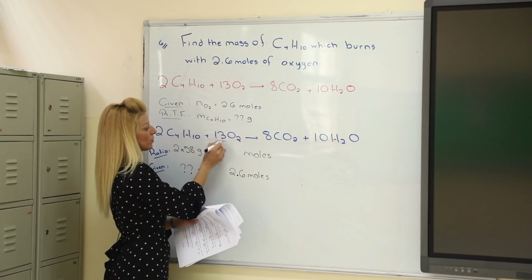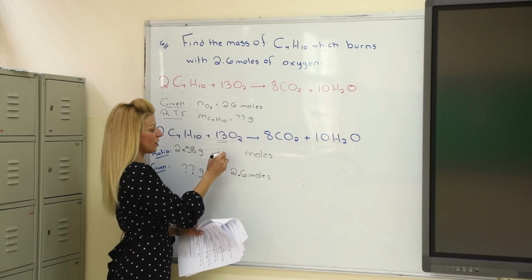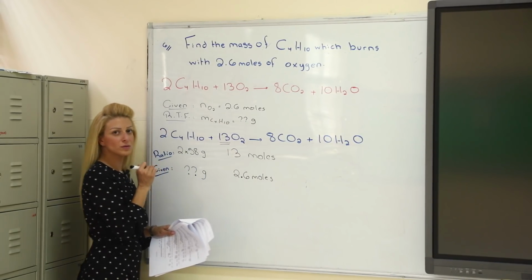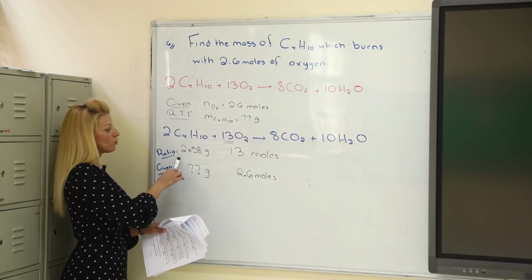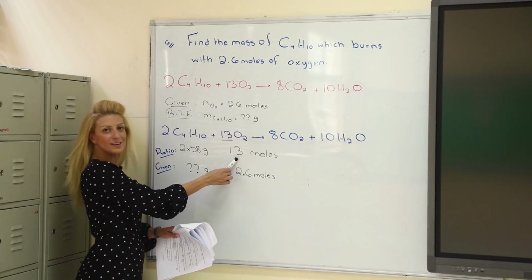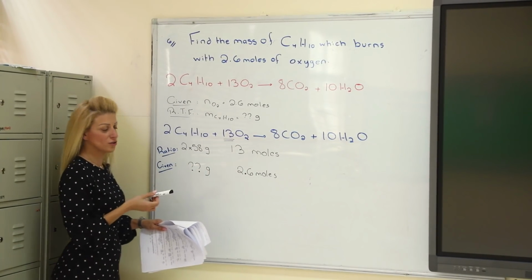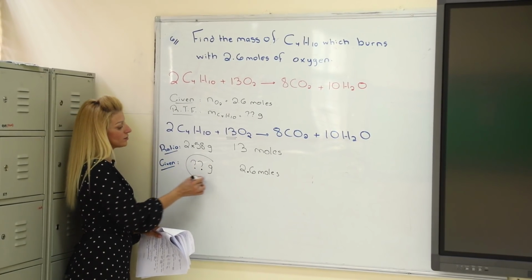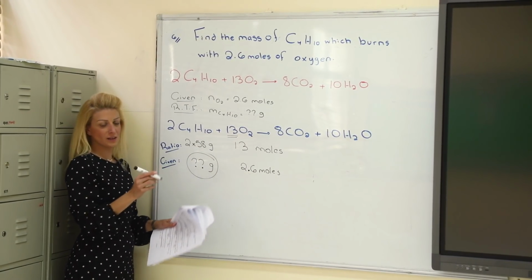From our equation, we have 13 O2s, so that's 13 moles. So from our equation, we wrote a mixed ratio. 2 times 58 grams will react with exactly 13 moles of oxygen. So how many grams will react with 2.6 moles?